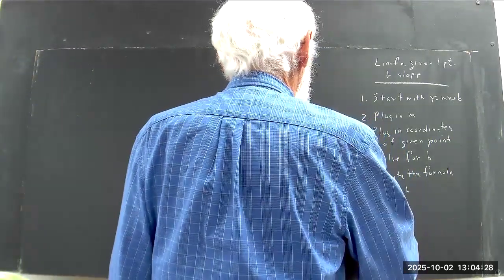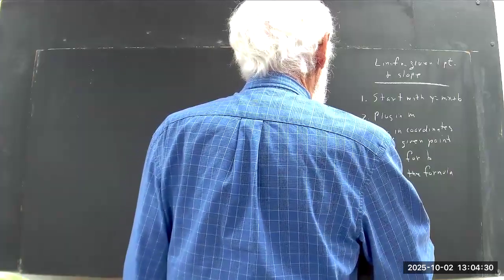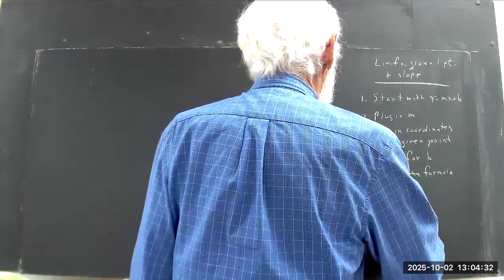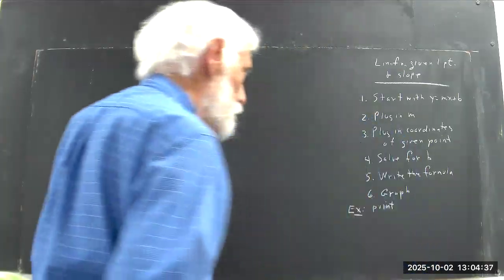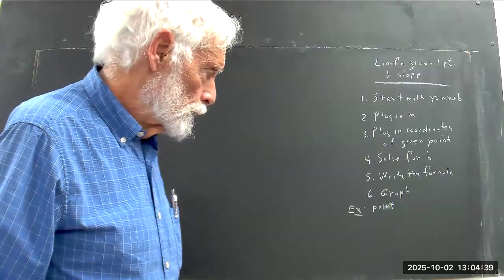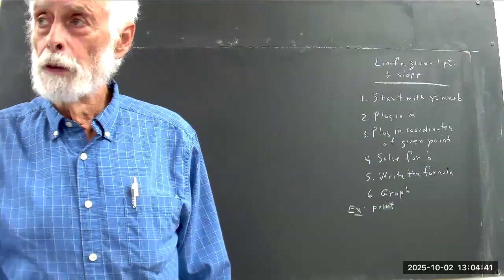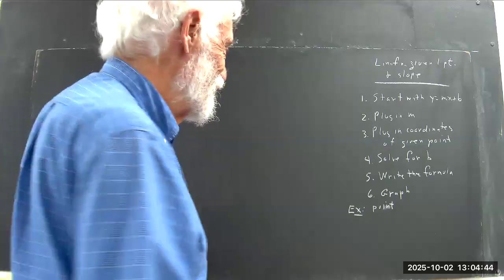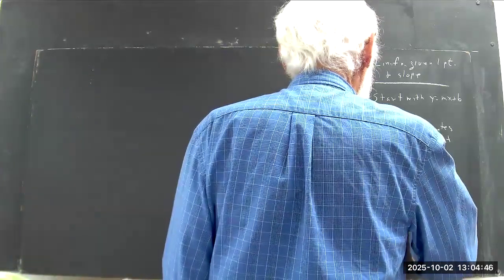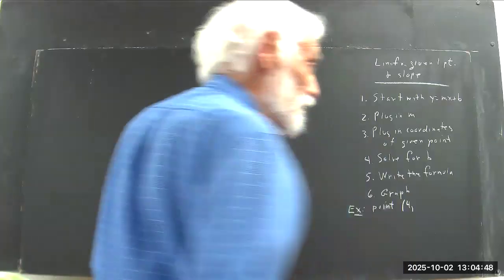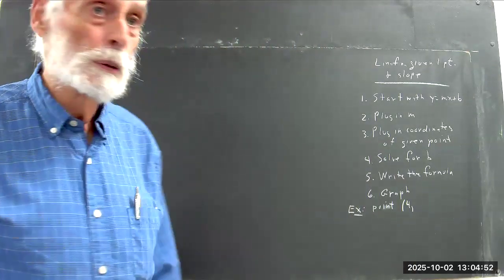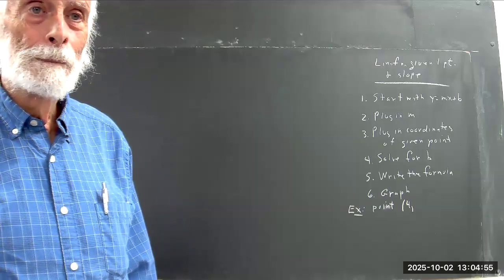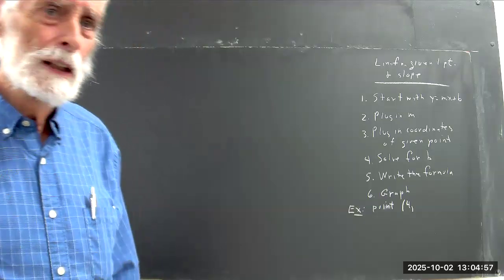So example. Point. Okay. What's the x coordinate of the first point? Okay, good. You tried so hard, I had to give you a chance. Okay, somebody else give me the y coordinate of that point. 8.